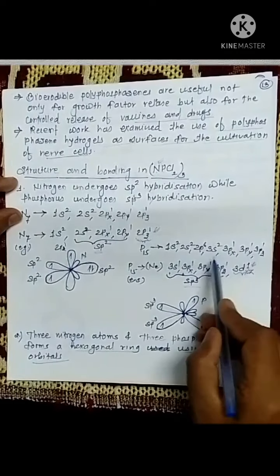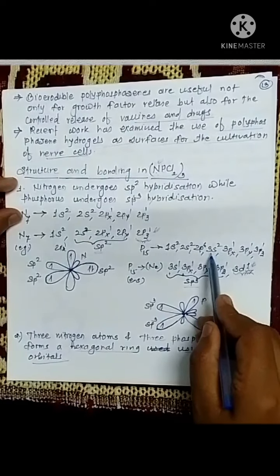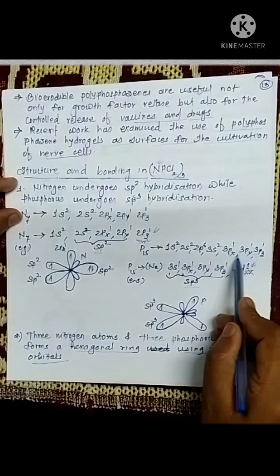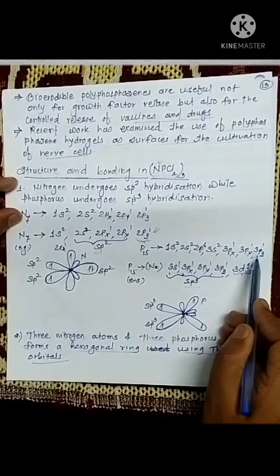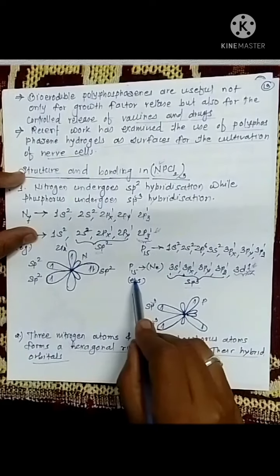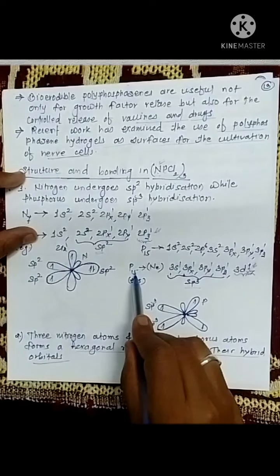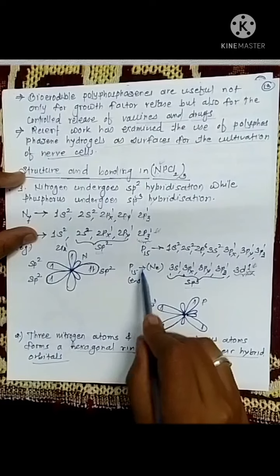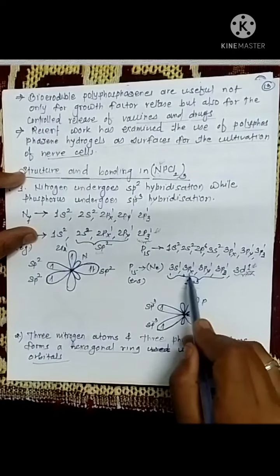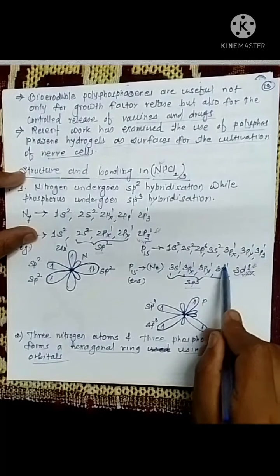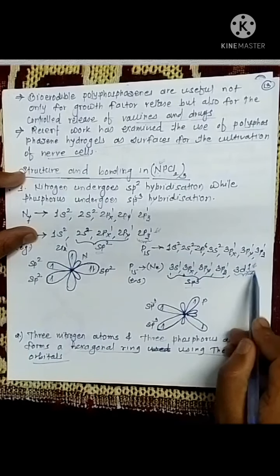So basically these 3s, 3px, 3py, 3pz orbitals undergo sp3 hybridization. The electronic configuration of phosphorus after hybridization can be written as neon 3s1, 3px1, 3py1, 3pz1, 3dxz1.